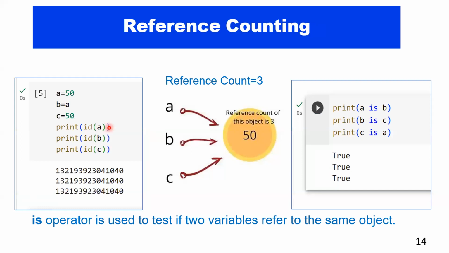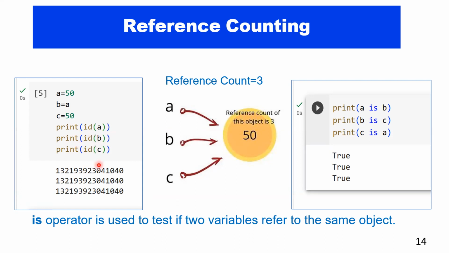Print id of A is going to print the memory location where the value of A is stored. Similarly, id of B returns the memory address where the value of B is being stored. Similarly, id of C returns the memory address where the value of C is being stored.